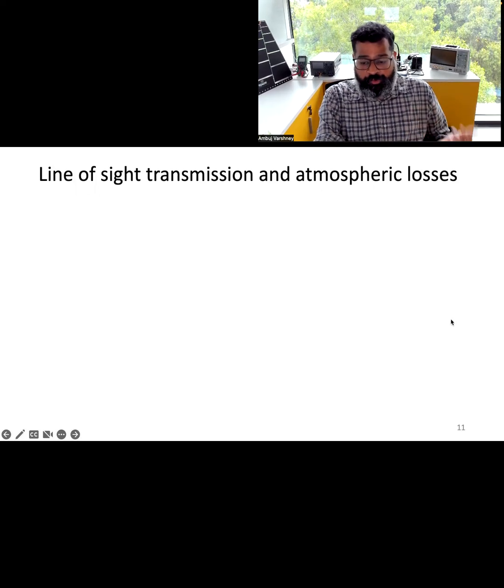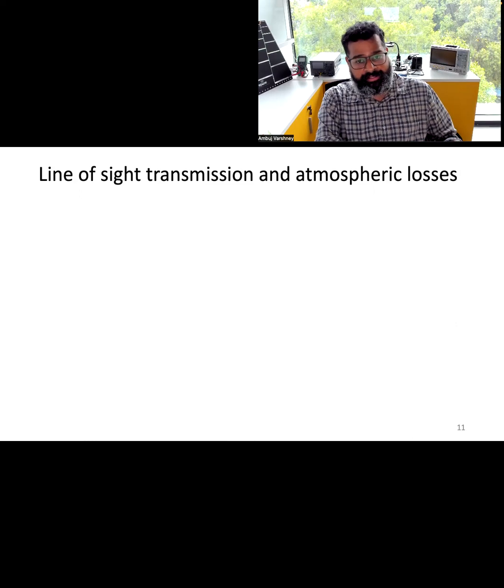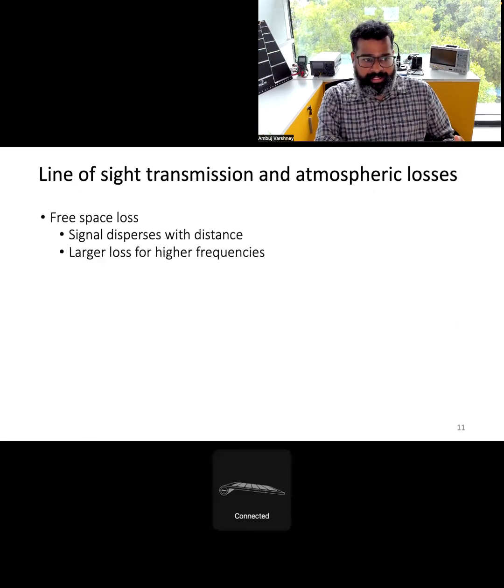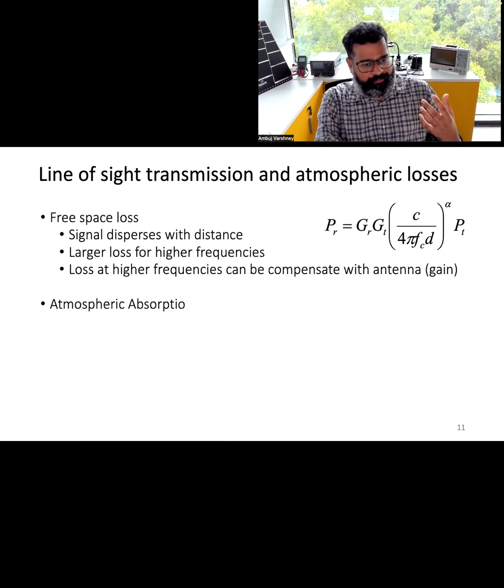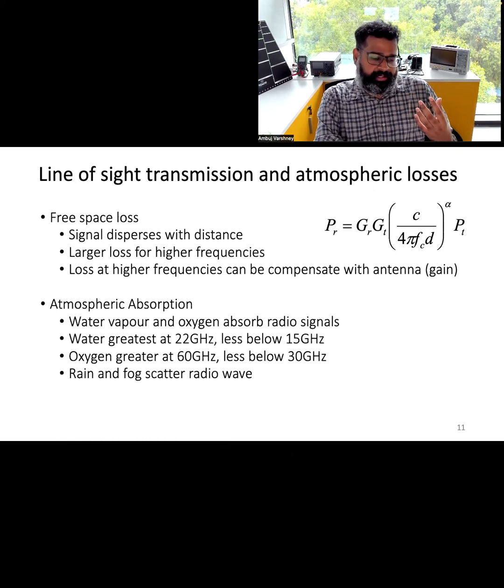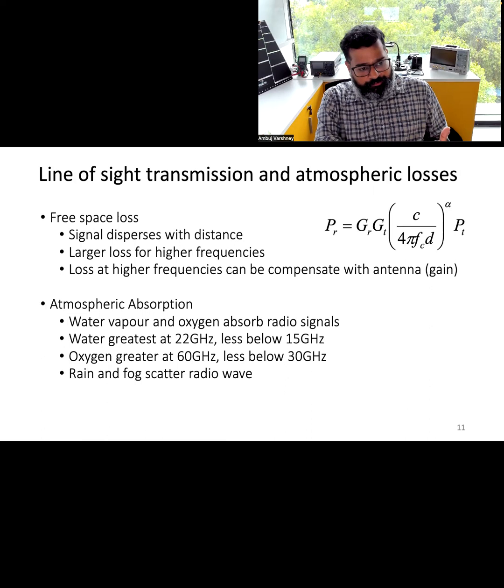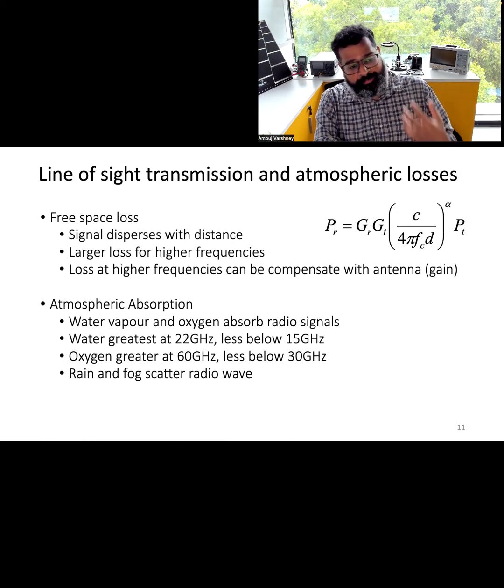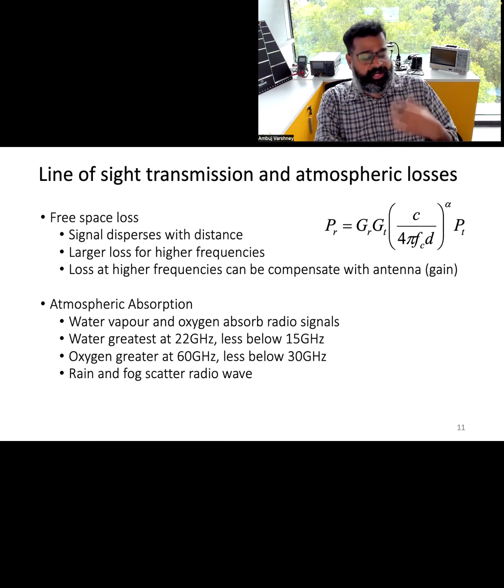Propagation of radio waves can also be affected by their frequency. The atmosphere can also affect the strength of the signal. For example, water vapor, oxygen, rain, and fog are all present in the atmosphere, and they can absorb the signal and attenuate it.